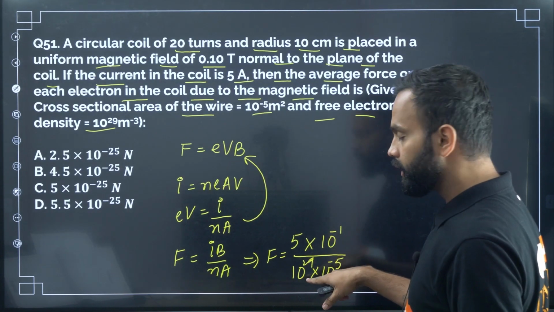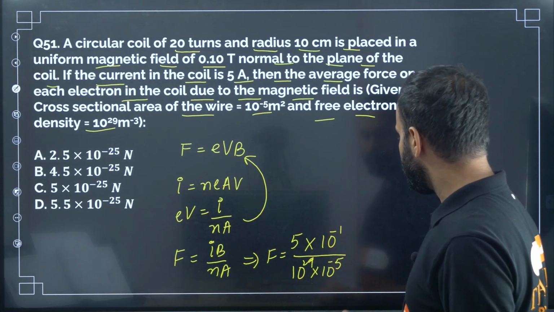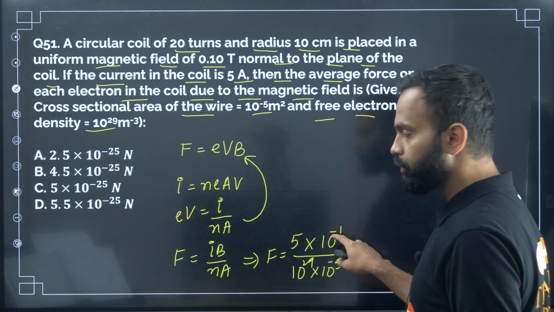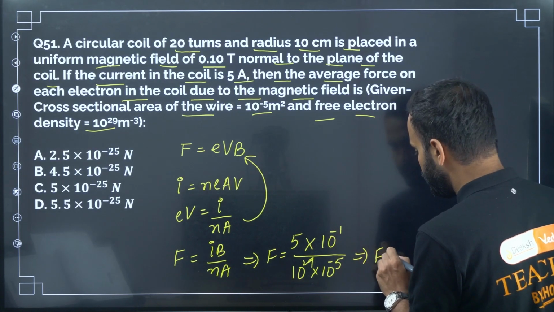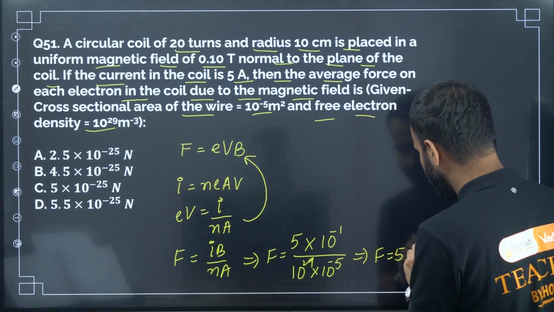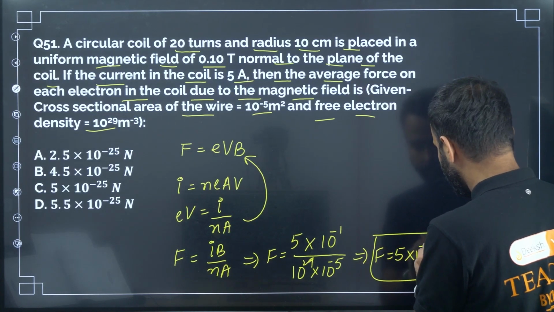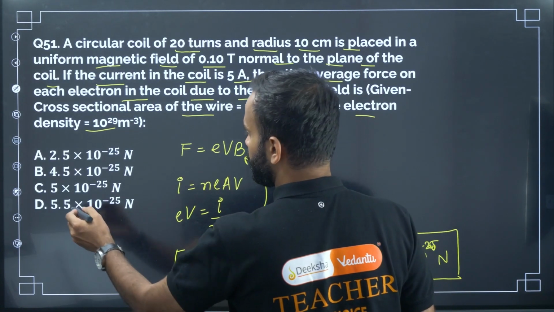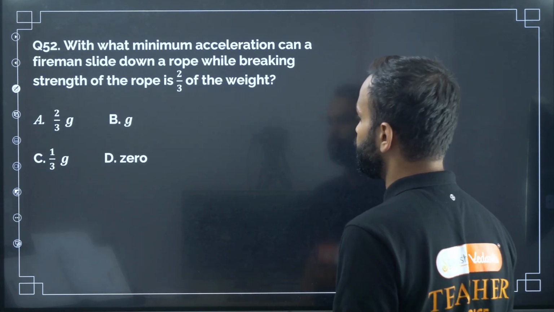So then take 10 to the power 24 to the numerator, then 10 to the power minus 24 into 10 to the power minus 1 is 10 to the power minus 25. So F equal to 5 into 10 to the power minus 25 Newton. So this is the average force exerted on the electron. So the correct option is C. Next question, question number 52.